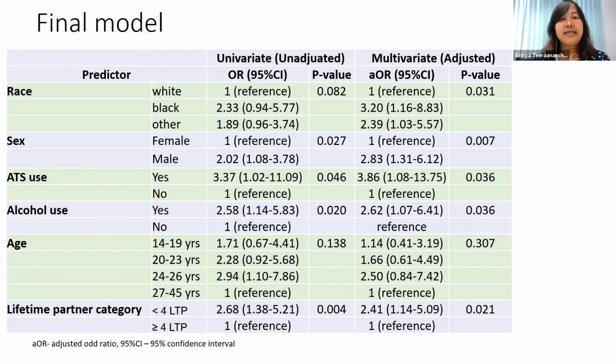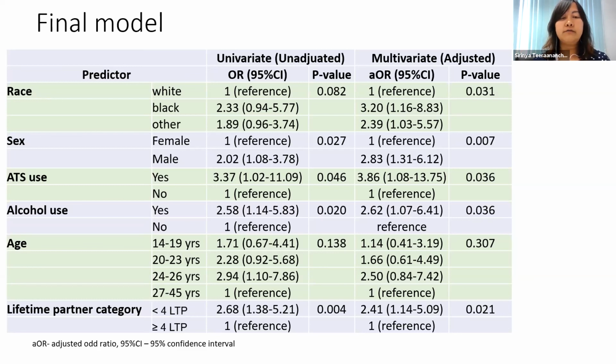And if you see that they are still in the same direction, such as the sex, male has 2.8 times higher risk of STI when compared with female.